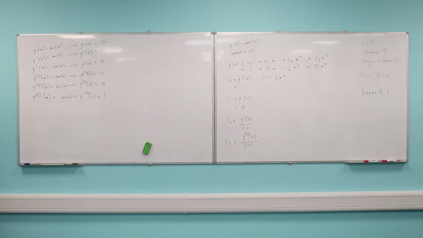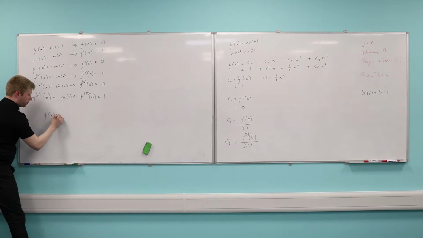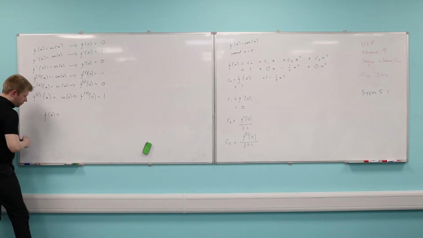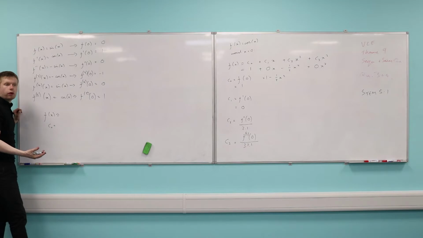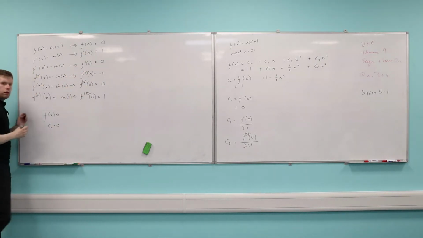We got 3 derivatives. Then we can write f of x as approximately equal to, well, the first one's going to be C0. So let's think about this. C0 is just going to be equal to f of 0, that's what it tells us. So it's just going to be 0.